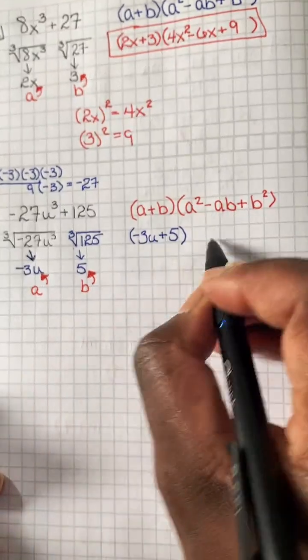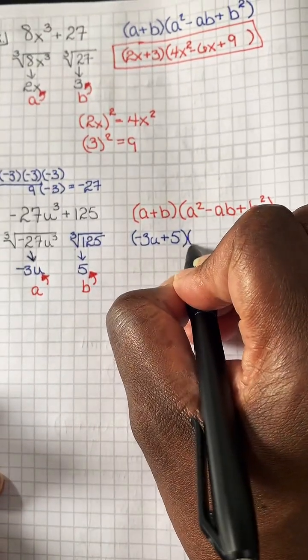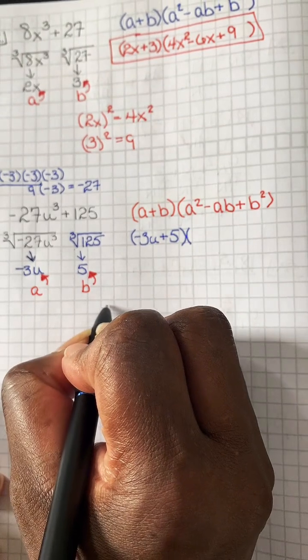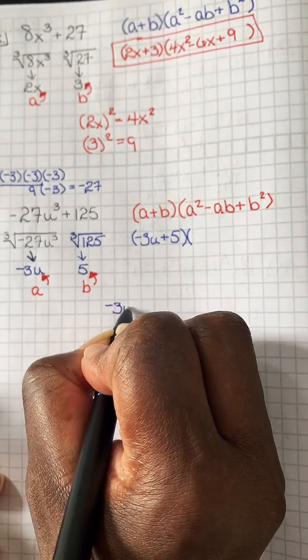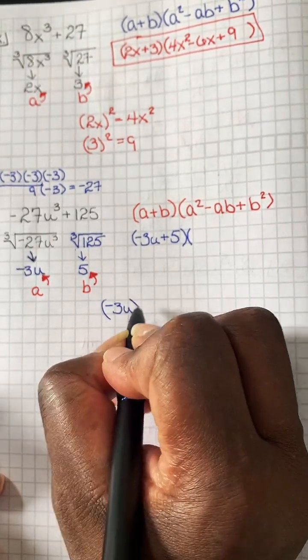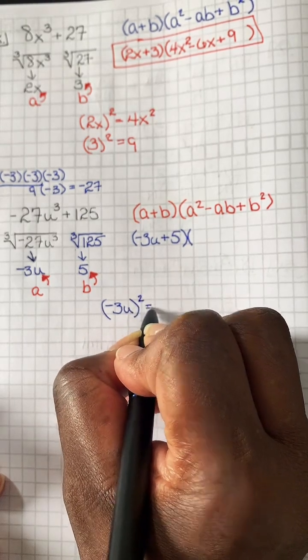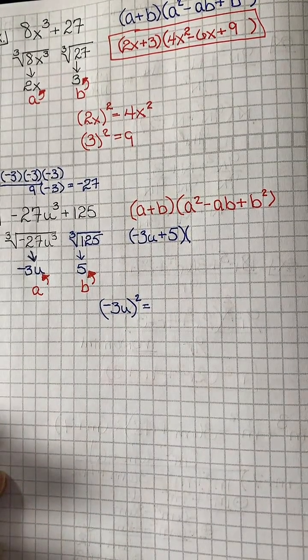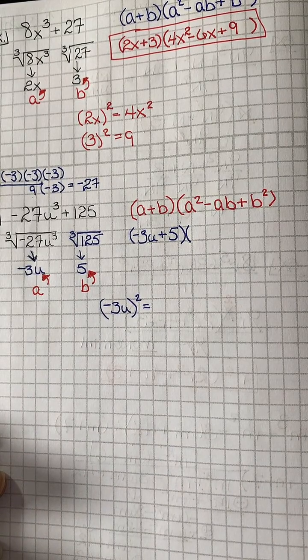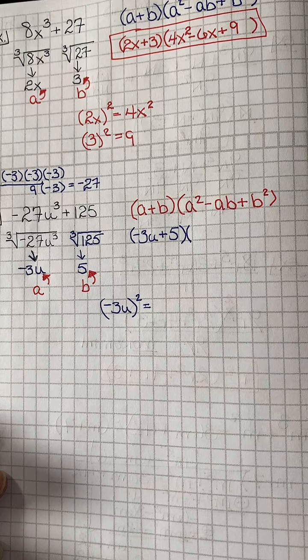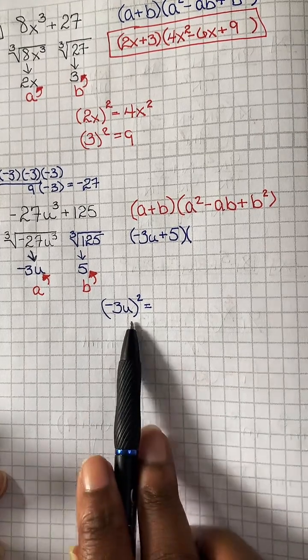Now, we're going to do the A squared. So that means we have -3u being squared. What would that give me?